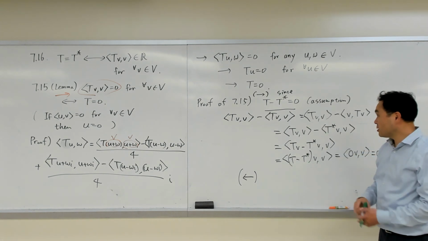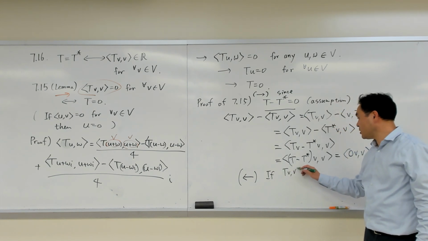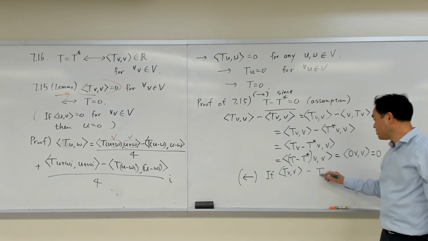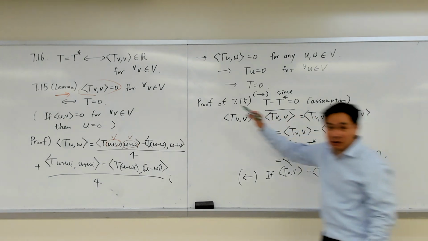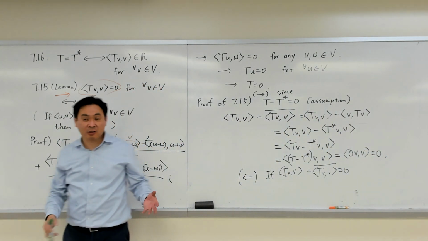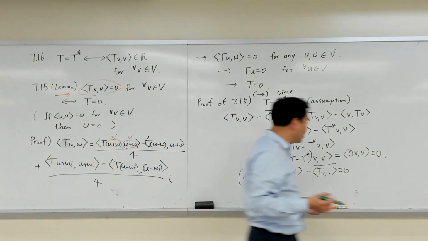So if TVV minus TVV conjugate is 0, that's what it means to be real, right? If it's real, then the complex conjugate is itself. Those are exactly the real numbers.